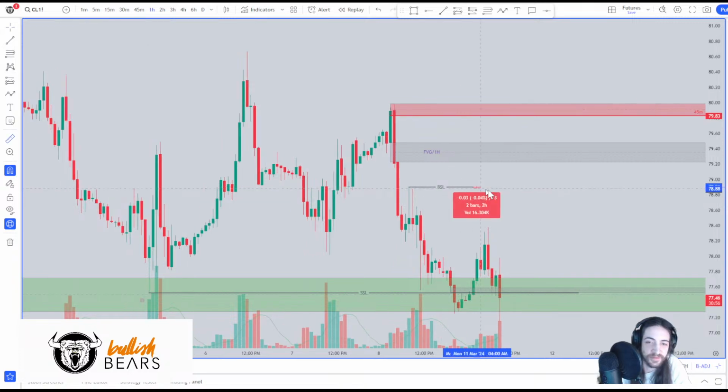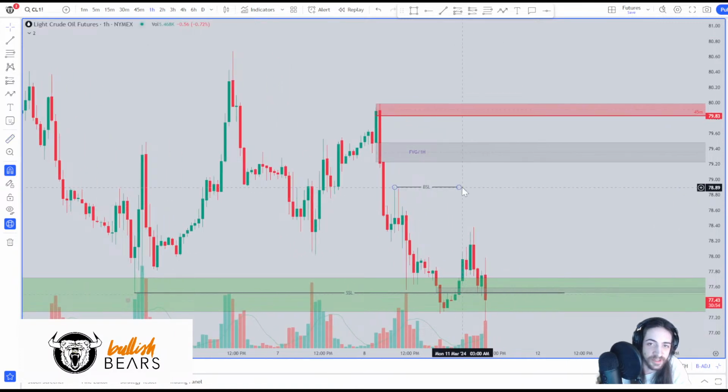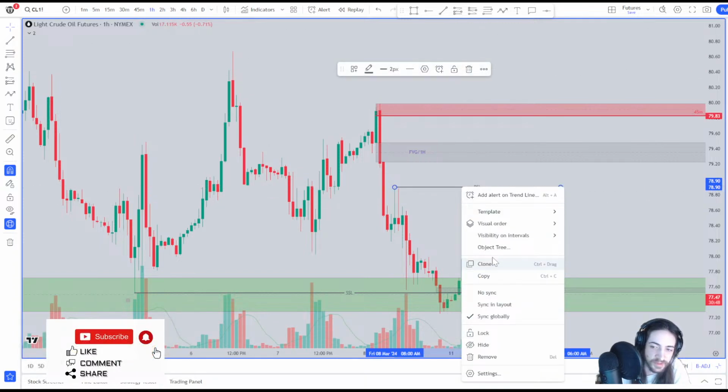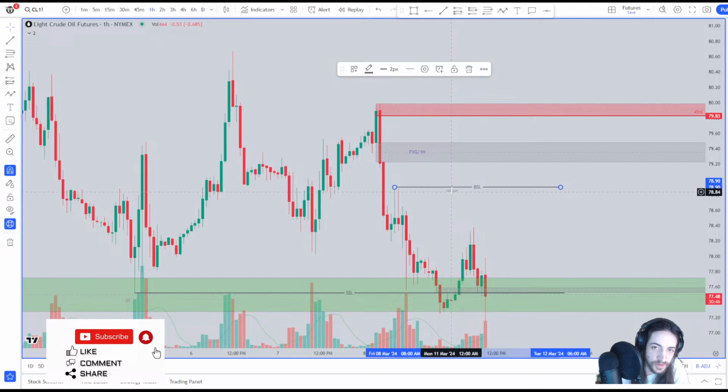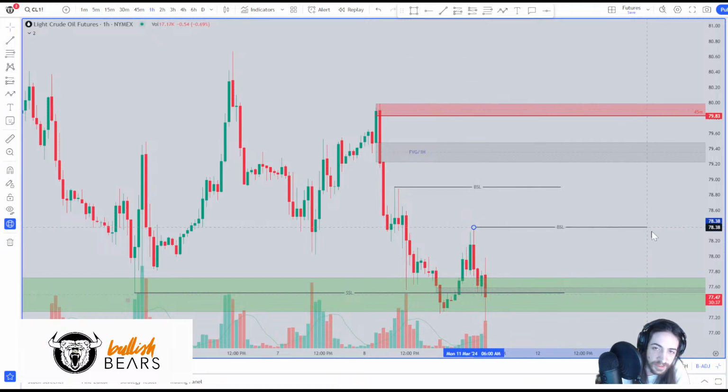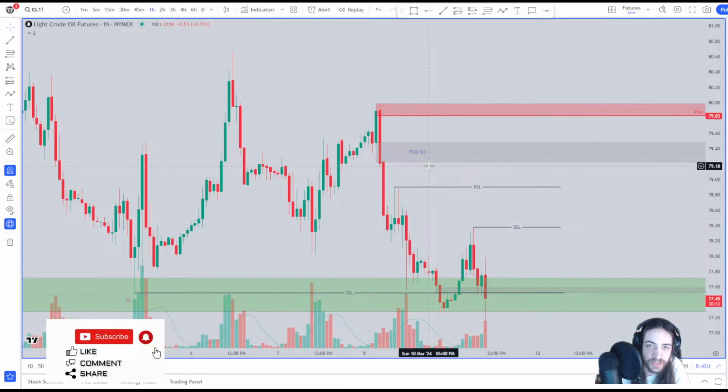So crude oil, we've got some buy side liquidity right here. We got some more buy side liquidity, right? Let's see, clone, control drag. Oh, that's so cool. So let's connect that, some crude oil buy side liquidity levels, fair value gap on crude oil.